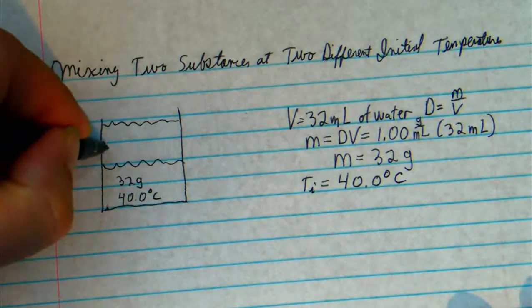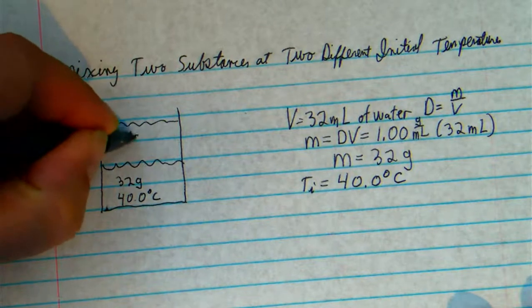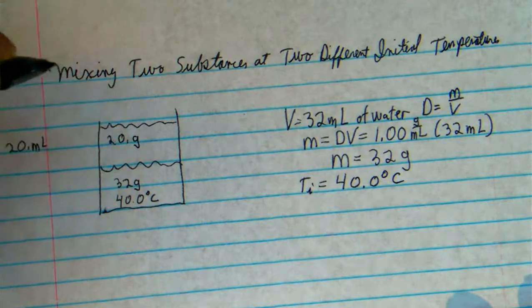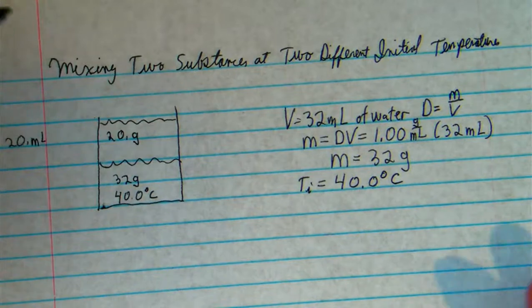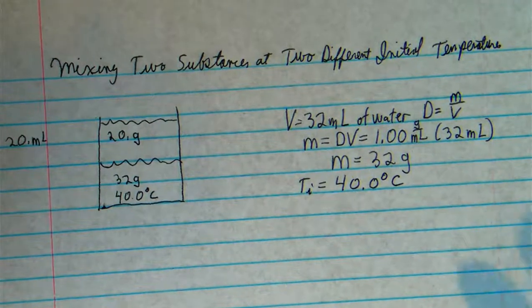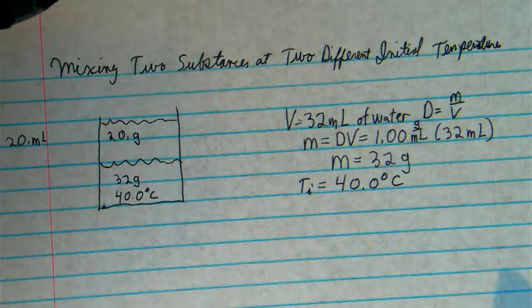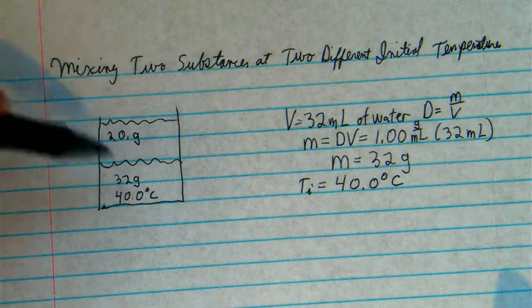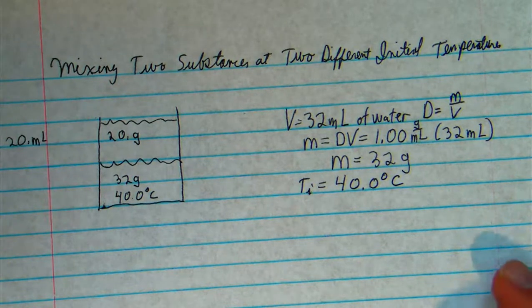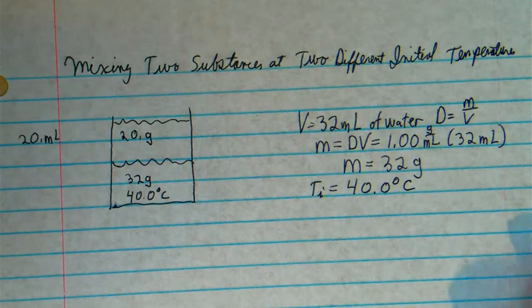So I'm going to list this as 20 grams of water, which, by the way, these are very small quantities of water. So mathematically, we can do them, but in real life, I would hope you would use 200 milliliters instead of 20 and 320 instead of 32 if we actually did this experiment in school.